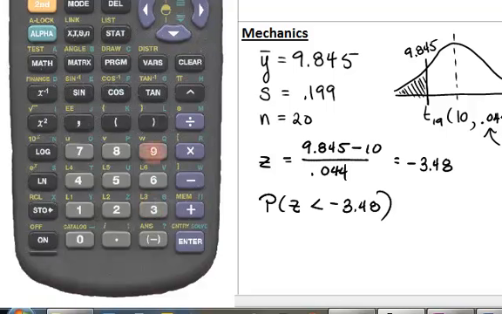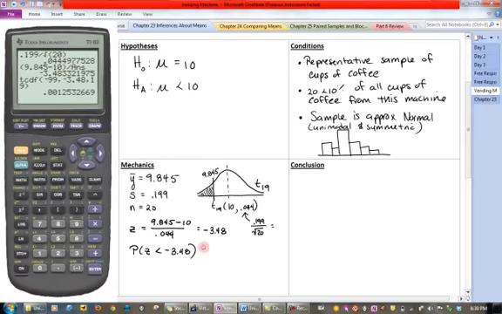We're going to go from negative 99 to negative 3.48. But we also have to tell it how many degrees of freedom we're dealing with. So we're going to put in 19 degrees of freedom. Enter. All right, so still a pretty small probability, 0.001. And that is your p-value. Okay, just like we were doing with tests for proportions.